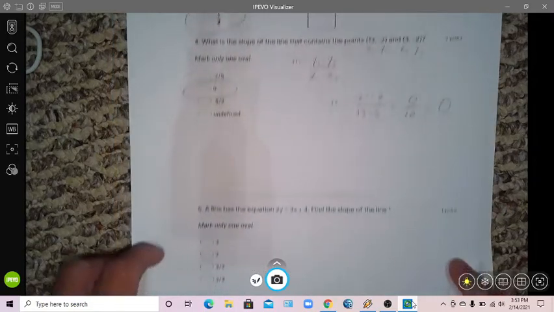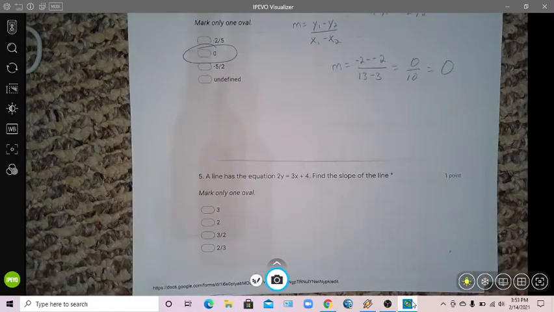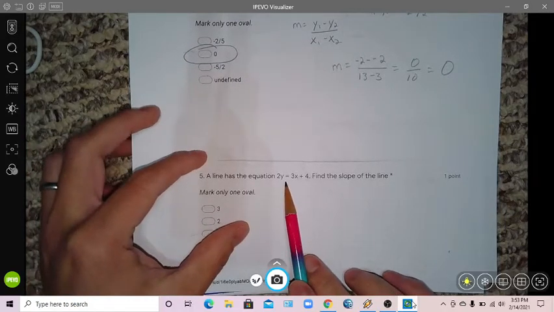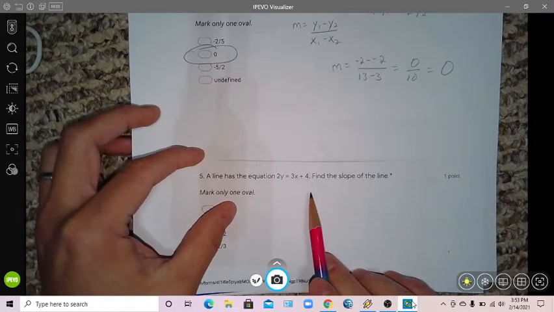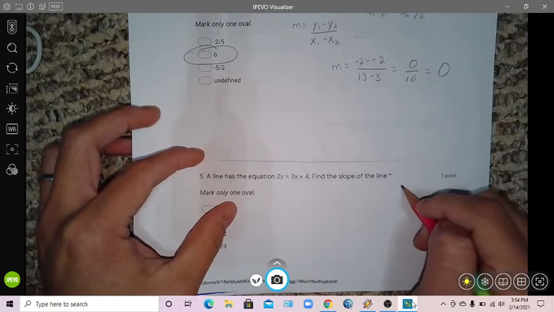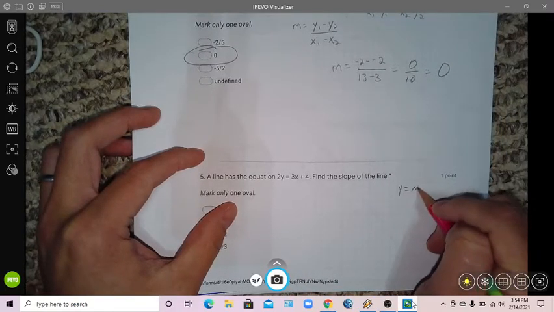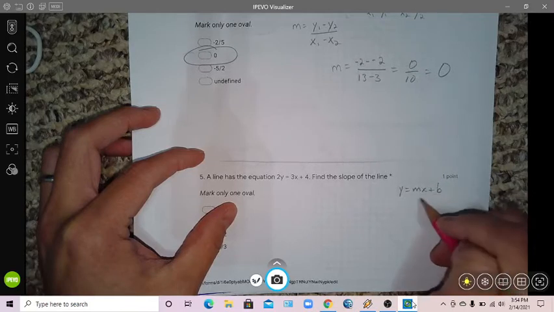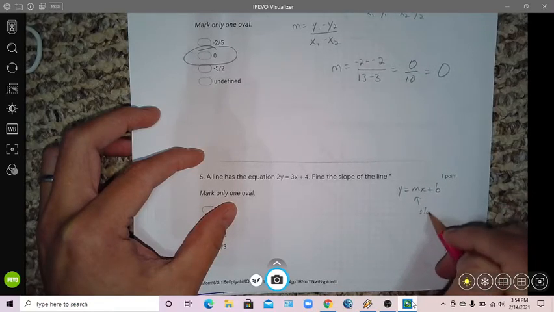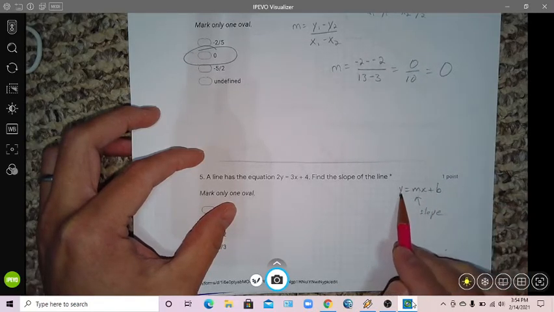Okay, let's take a look at number 5. A line has the equation 2y equals 3x plus 4. Find the slope of the line. So, we want the equation in y equals mx plus b form. If you missed this one, I want you to write y equals mx plus b, and there's the slope. Notice you need the y to be solved for.